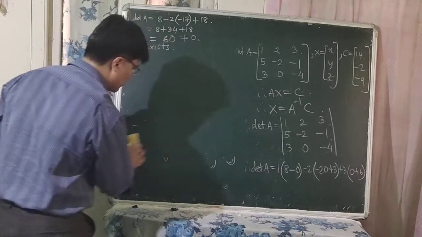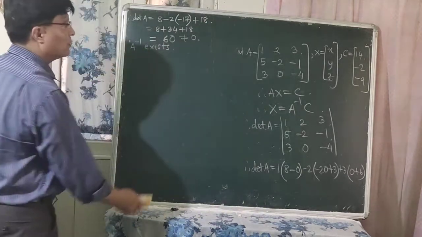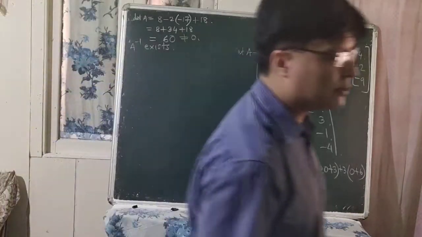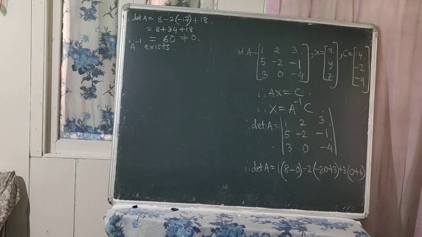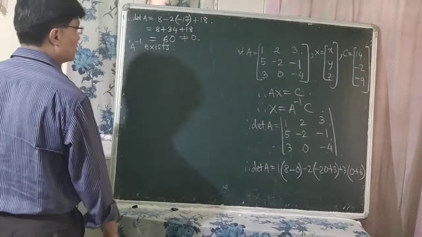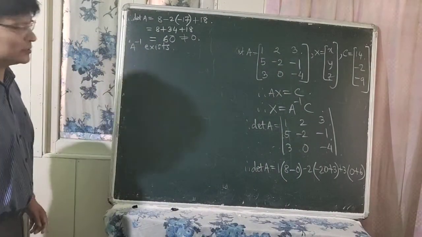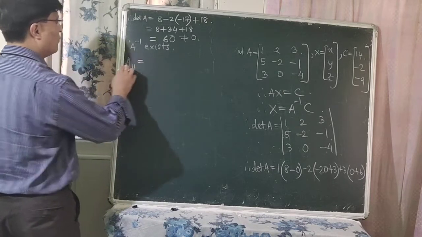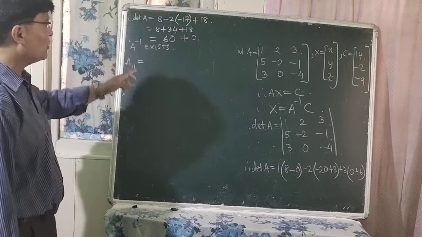Now let us find out A inverse. You have to find out the inverse of the matrix A. How can you get the inverse of the matrix A? You should know the cofactors of each element of the matrix A. You know how to get it, isn't it? We have done A inverse, how to get A inverse. So let us write A11, that means the cofactor of the element belonging to the first row and the first column.